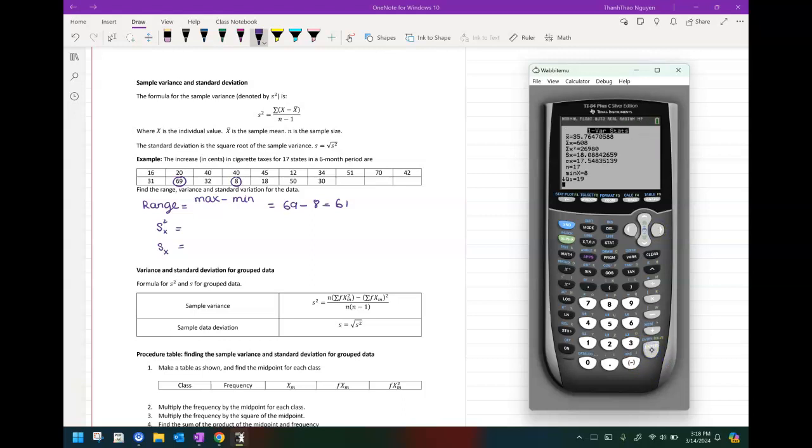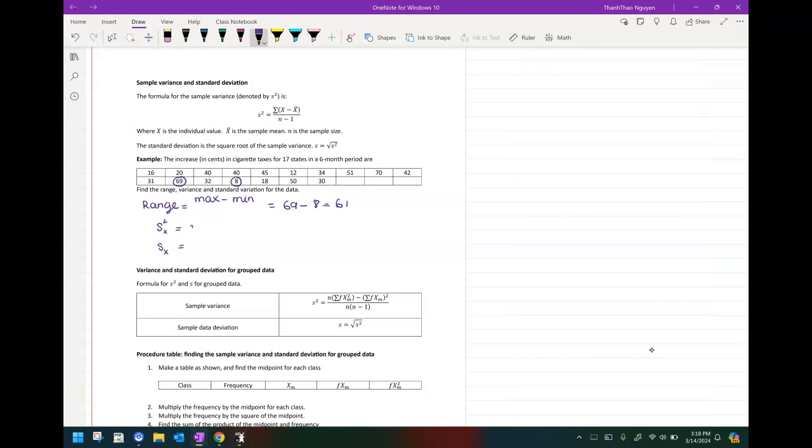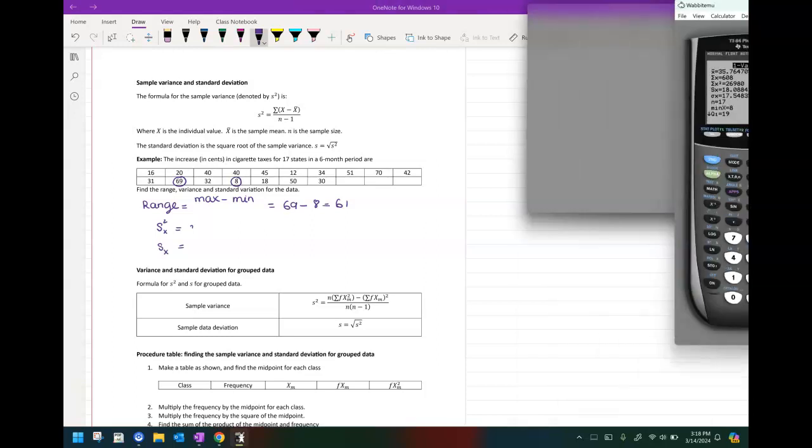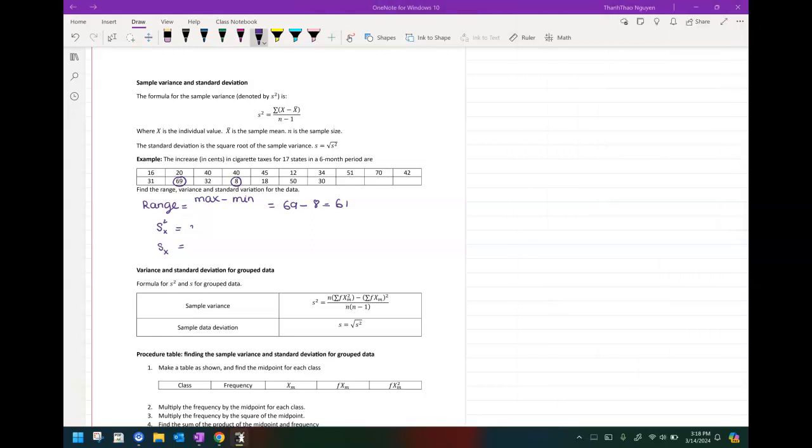So here we can see that the variance is... so we see that the standard deviation is 18.08, so that is 18.1.